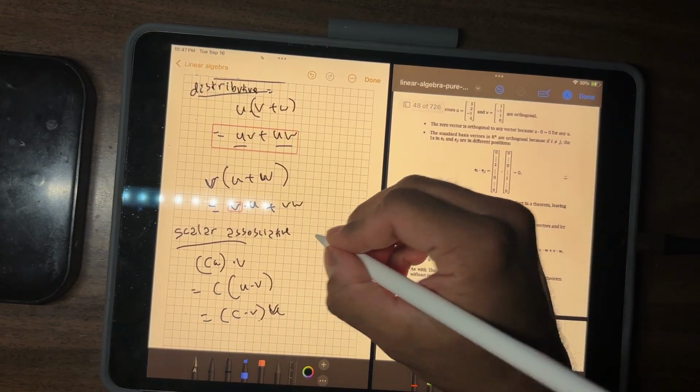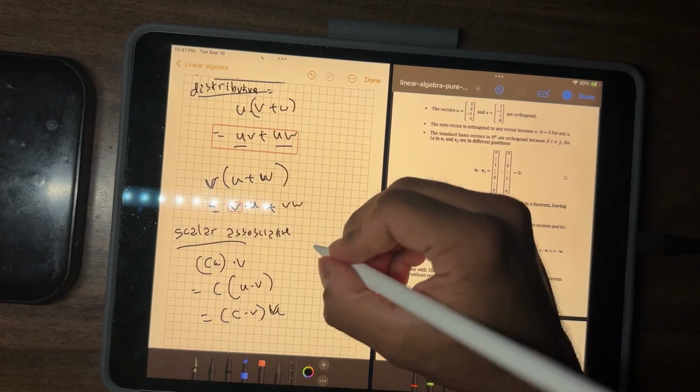And then we have the other one, which is the multiplication by itself.